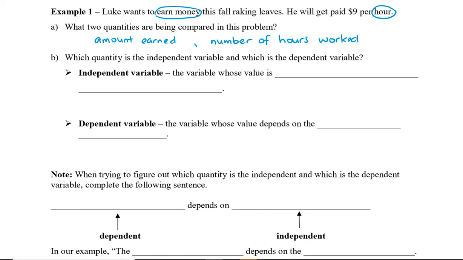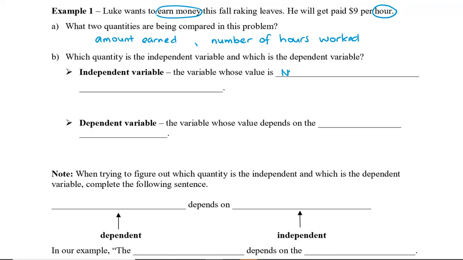Stated right here. So which quantity is the independent variable and which is the dependent variable? Now the independent variable is the variable whose value is not dependent on the other variable.